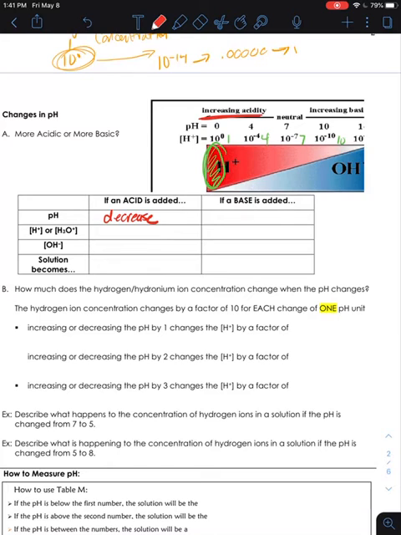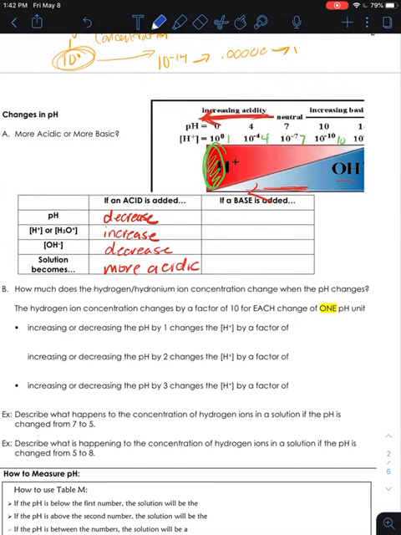So increasing acidity means that the concentration of hydronium ions or hydrogen ions are going to increase. So as we're going this way, what can we see is happening to the hydroxide ions? Decreasing.